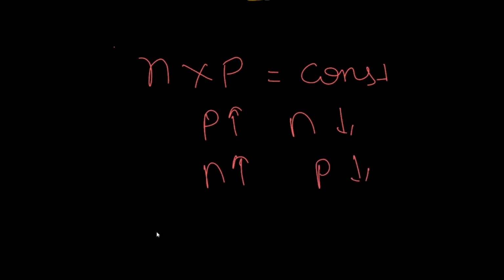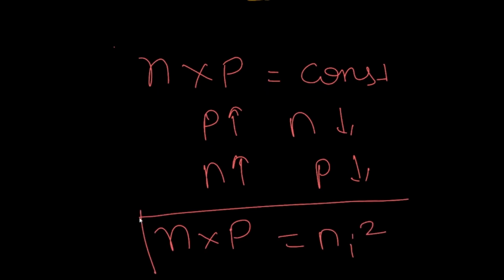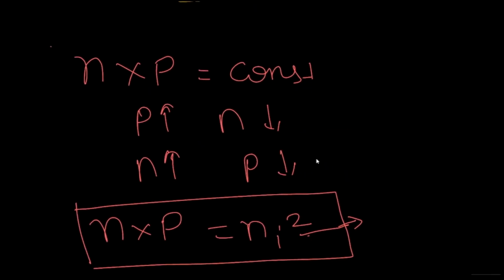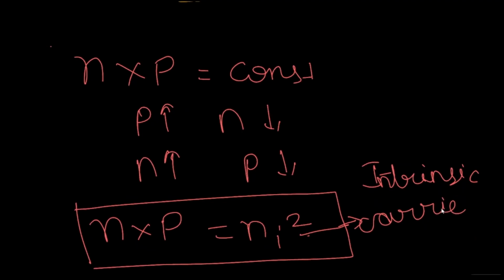This is what we have seen, and the law of mass action holds true here. So this product becomes ni squared, where ni is the intrinsic carrier concentration, and it is constant for any given semiconductor at given conditions.